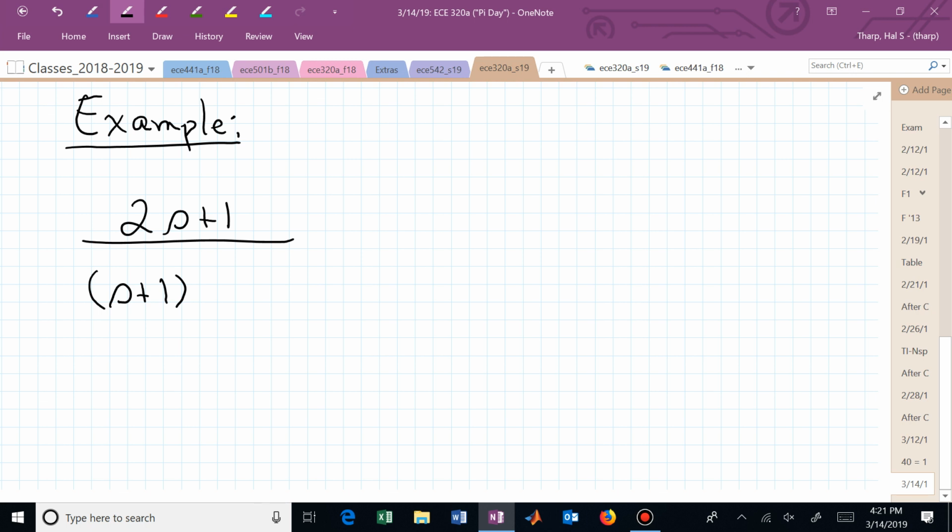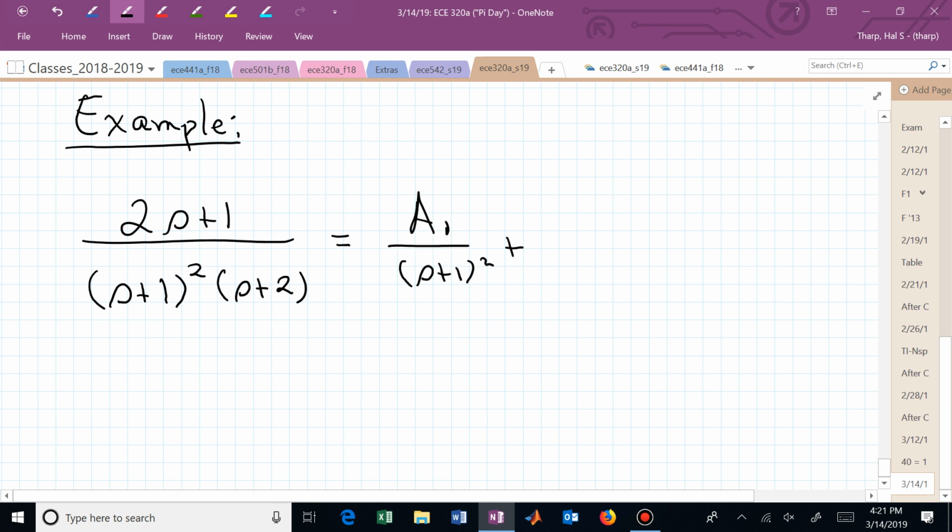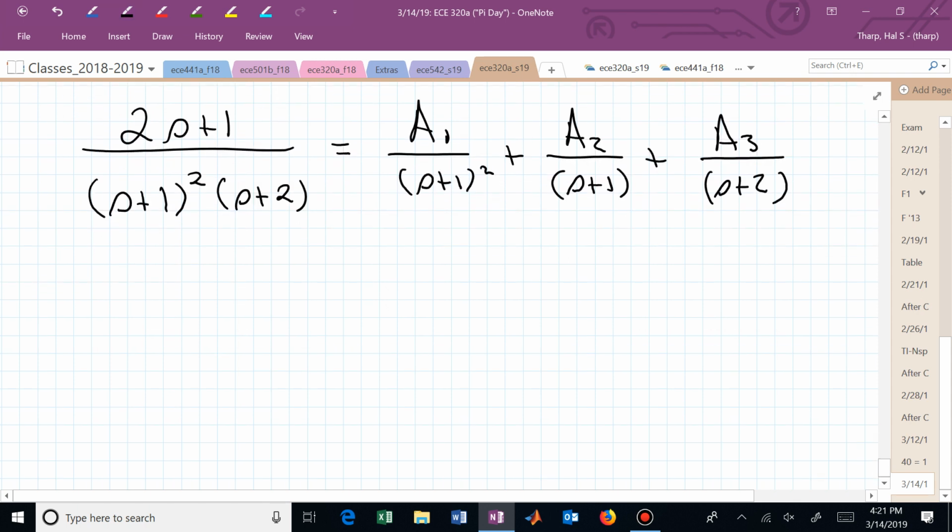Let's not get distracted. Okay, here we are again. Now what do we do? Well, we get a common denominator on the right-hand side. Like I said, we've just separated all these parts out.